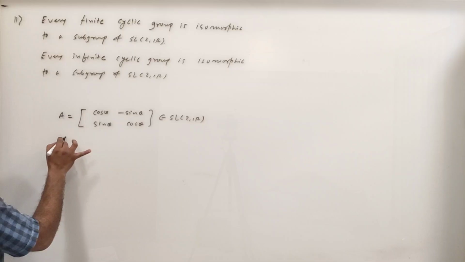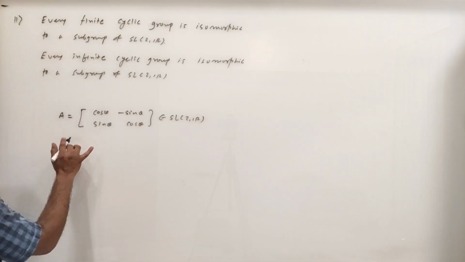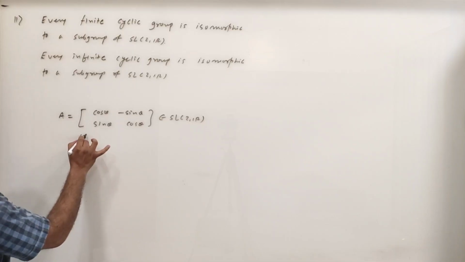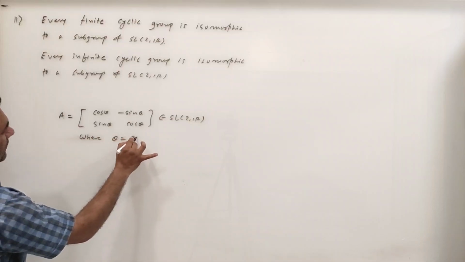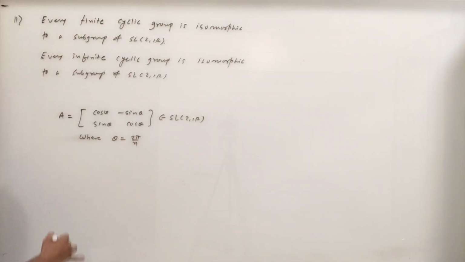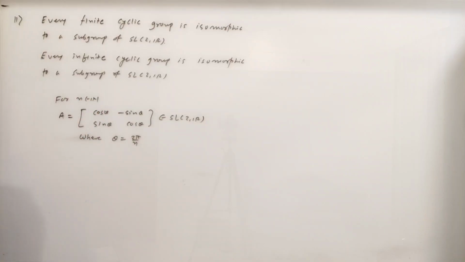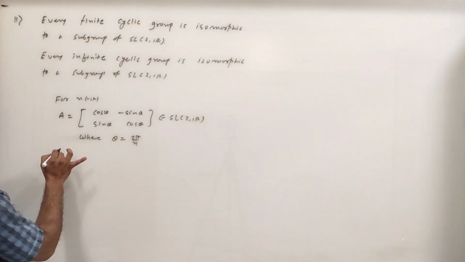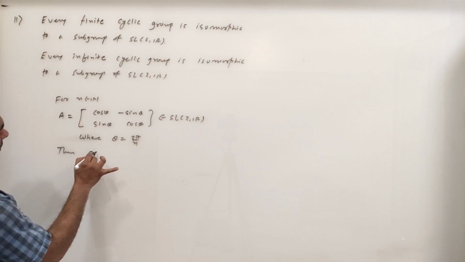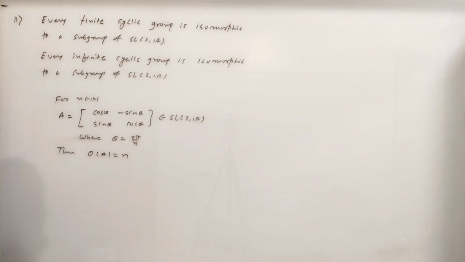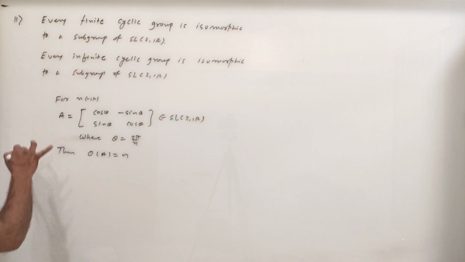Now you consider theta equal to 2 pi by n, for n belonging to the natural numbers. Then the order of A will be n. So this is the first thing.